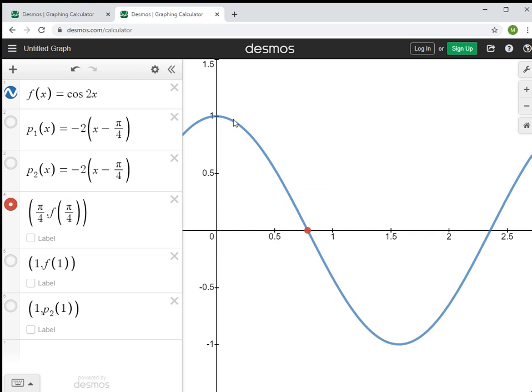Well, if we look at the graph of the cosine curve, the point pi over 4 is 0, and we are at an inflection point for this cosine curve. There is p1 of x, the tangent line to the curve at this point, in red. p2 of x is really the same thing as p1 of x, and the reason is that we're at an inflection point. Inflection points are places where the second derivative of our blue curve vanishes. That's what's going on there.